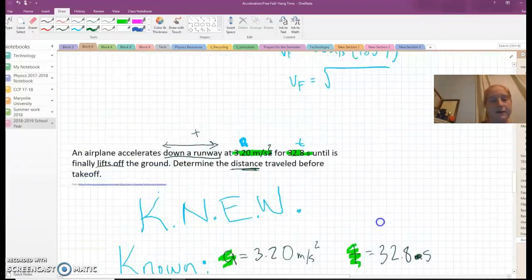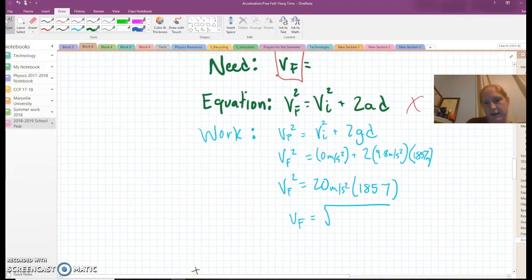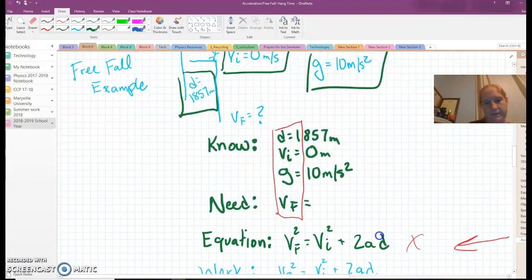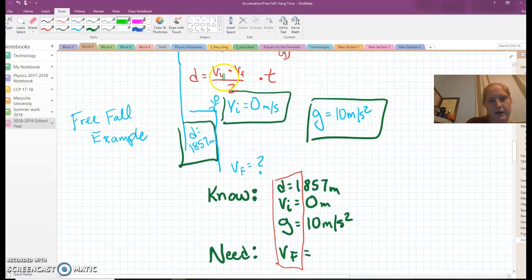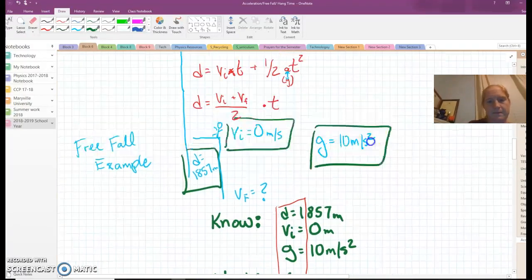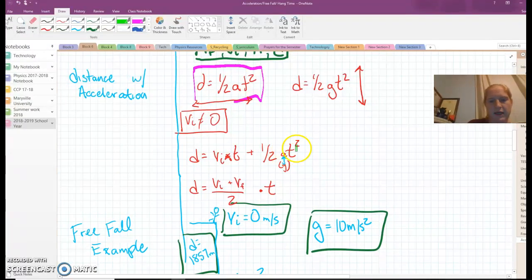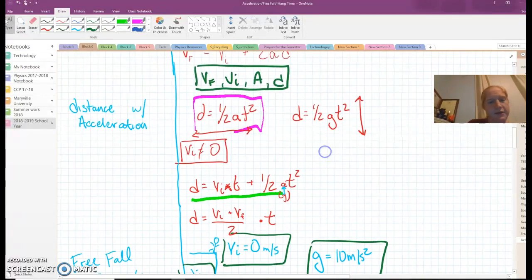So let's explore back through your notes. One of those: A, no T. No A, just T and D. I need A, T, and D. Ooh, and VI, which is 0. Okay, I could use this one, right? Is there an easier one?